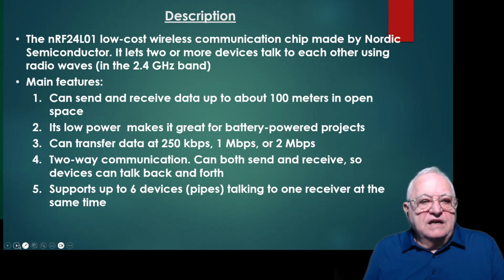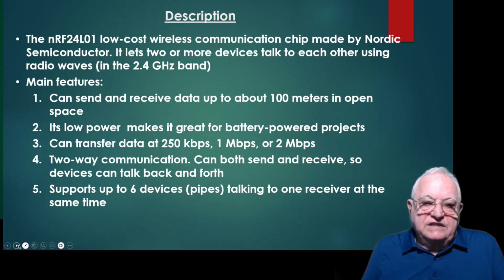Next, it supports 6 devices, so you can have 6 different addresses talk to 6 devices, taking one receiver at a time, of course. And each connection to each device is called a pipe. So when we get into configuration, I'm going to be saying, hey, I'm going to configure pipe 0, for example.